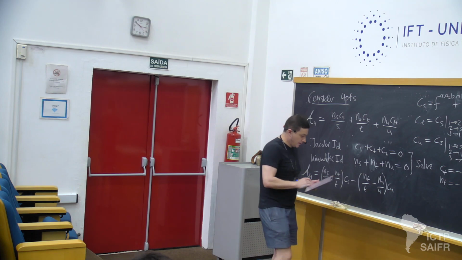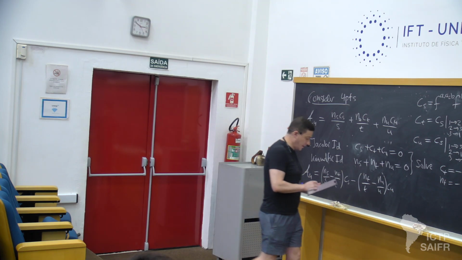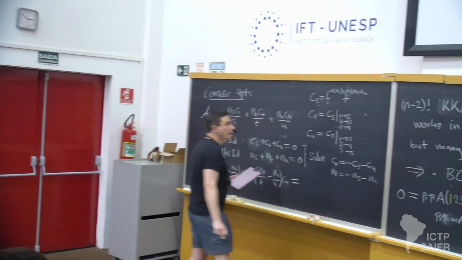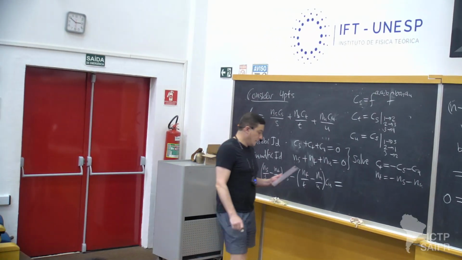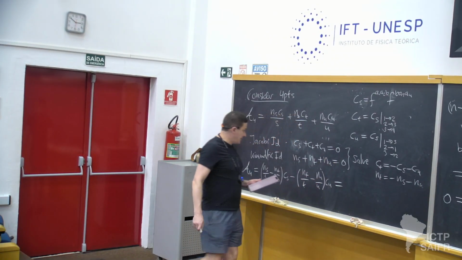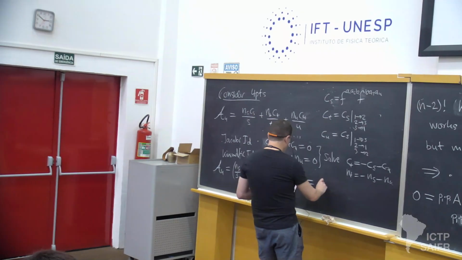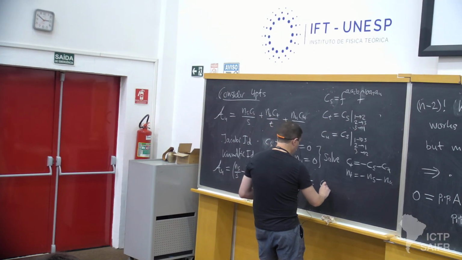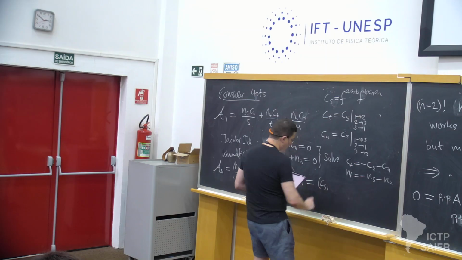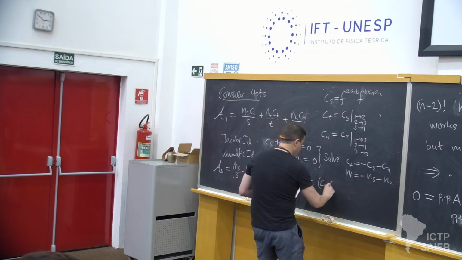Okay, and then the next step is to also eliminate NT, and then you basically get a matrix. So let's have a row vector here.